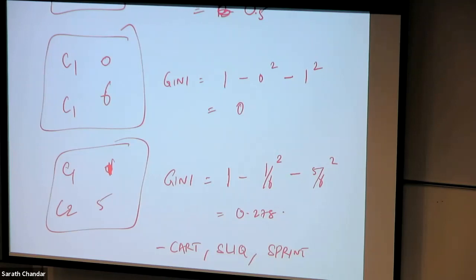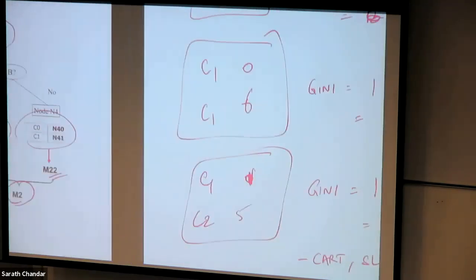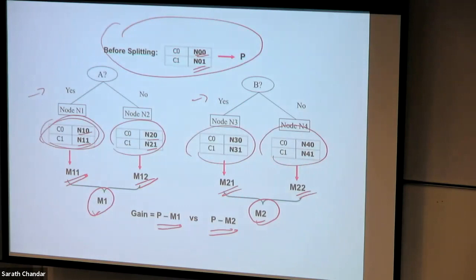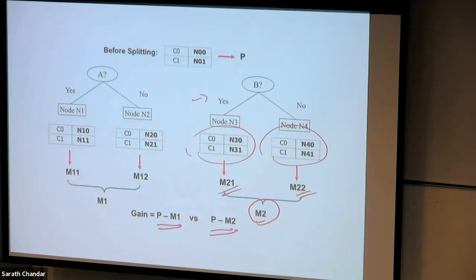Now, given a node, we know how to compute the Gini. If we go back to this particular figure, I'm going to erase all these things so that it's easy to explain again.